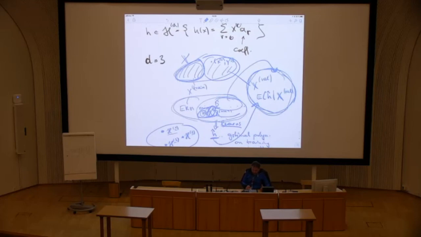The simplest way is to split your entire data set into a training set and a validation set. But you can also repeat this procedure several times and randomly shuffle the data in between. This is then called k-fold cross-validation. But the basic idea is the same: split the data into a training set and a validation set.